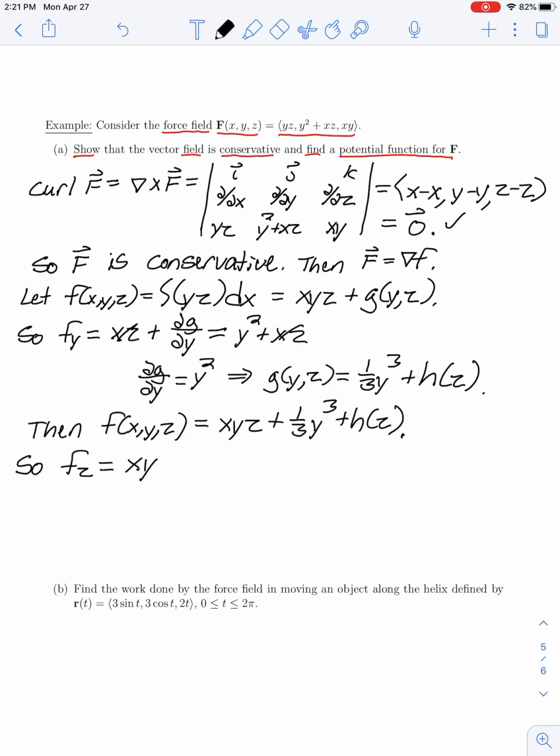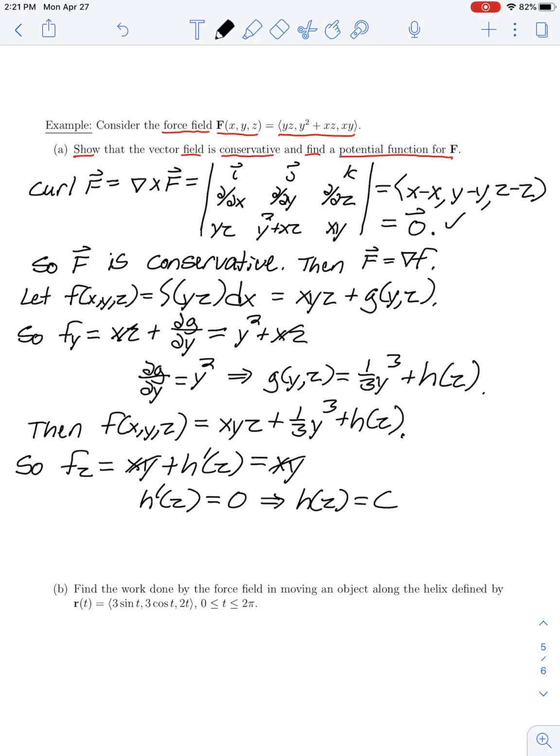So this gives us x times y plus h prime of z, and that must equal the third component of our vector field, which was just x times y. So canceling the common factor x times y on both sides, we find that the derivative of h is equal to 0, which implies that h, as a function of z, must be a constant.